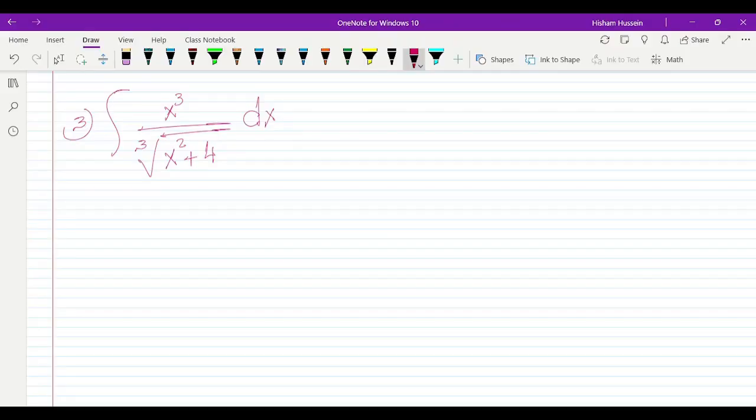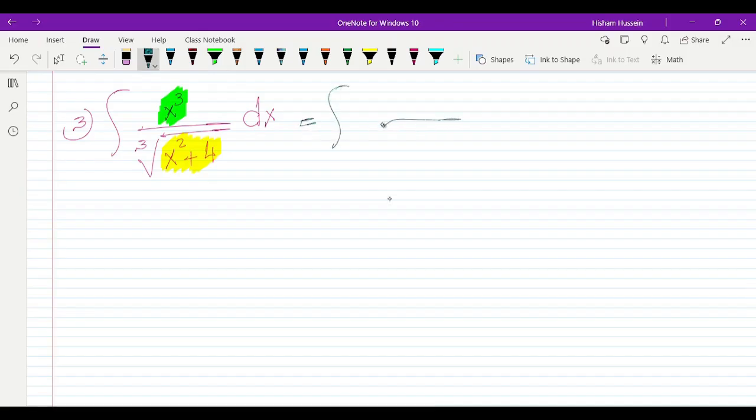In problem 3, this is x power 3 divided by the cubic root of x squared plus 4. So I think that we can follow the same approach that we did in problem 1. We have an inner function which is x squared plus 4. Its derivative is x. But already here we don't have only x, we have x power 3. So we can split this x power 3 to be x times x squared.